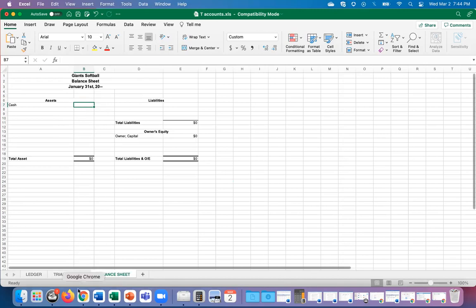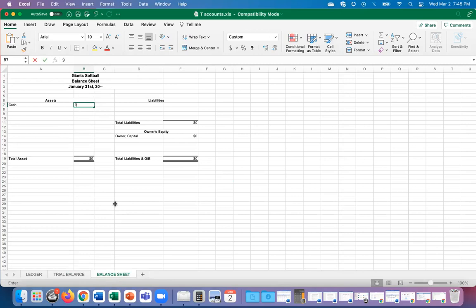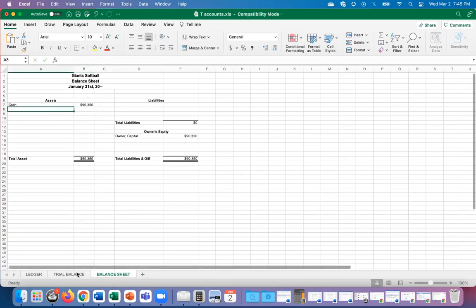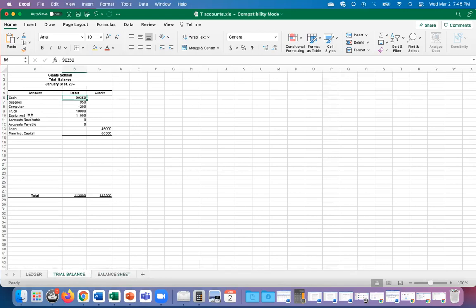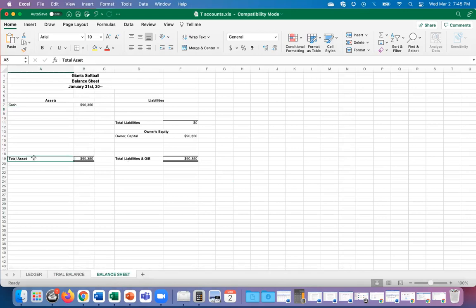You can just put the number that's there on the trial balance, 90,350. Right, and then under that, put your next account, supplies, computer, truck, equipment, etc. Load it in like you've done before. And at the end, if you've done it right, those two numbers should be the same. They should balance. So the total assets should balance with the total liabilities and owner's equity.